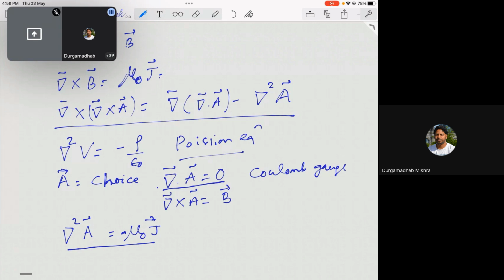The name of the gauge is not really related to classical electromagnetism, but it is useful when we go into electrodynamics or field theory in physics. There the gauge represents some kind of a symmetry.